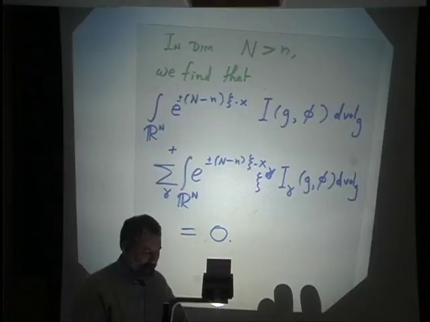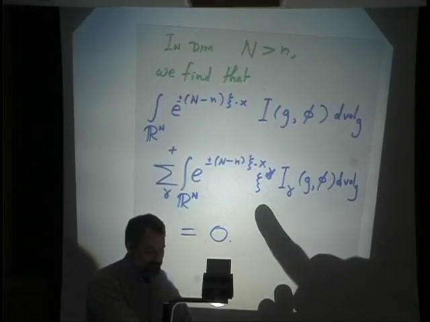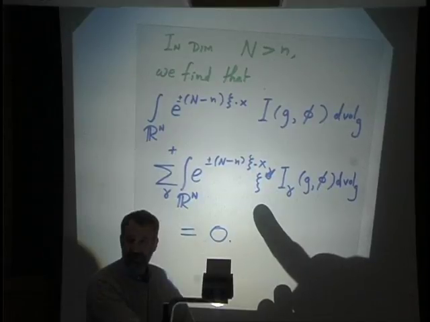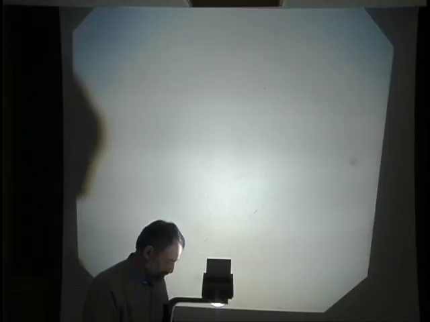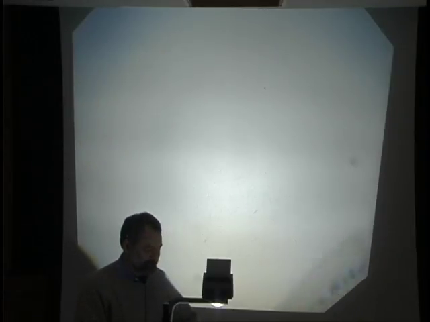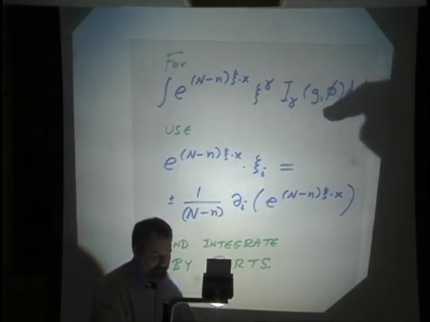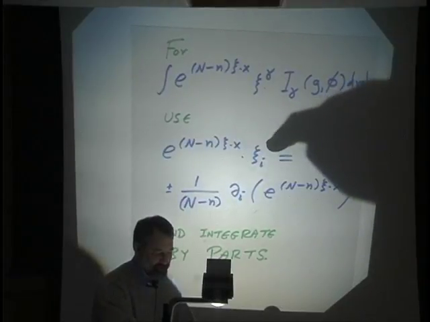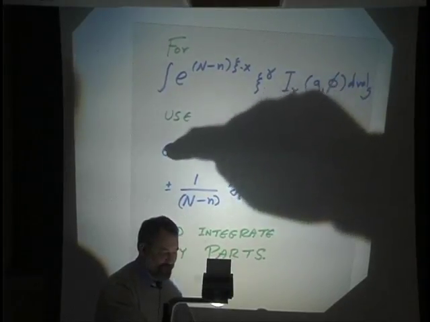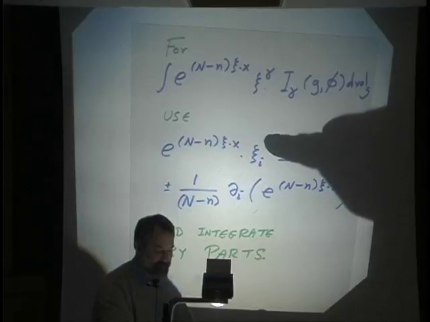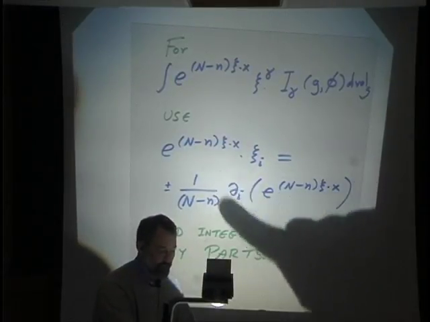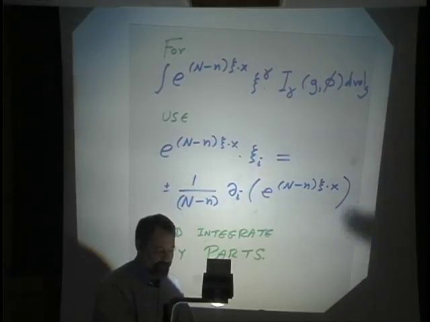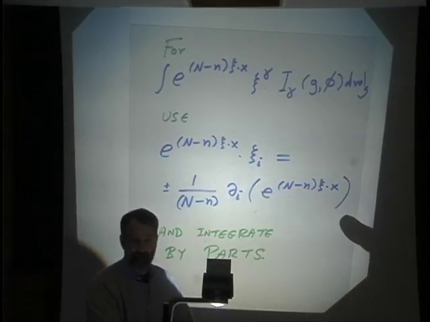Now, what I'm going to do next is use some integration by parts to get rid of the powers of xi that appear. To get rid of these, I'm going to use this simple fact that if you look at an exponential times xi, you will get, up to a sign, plus or minus 1 over this coefficient capital N minus little n times the derivative of same.